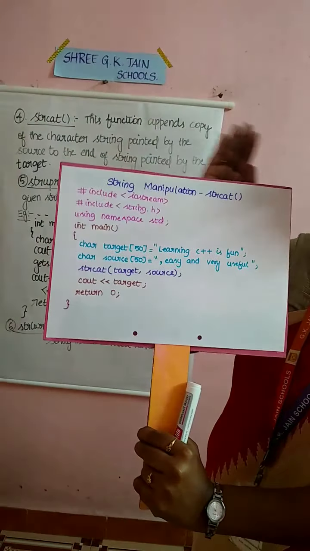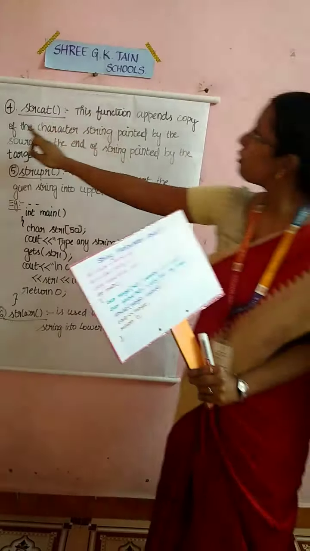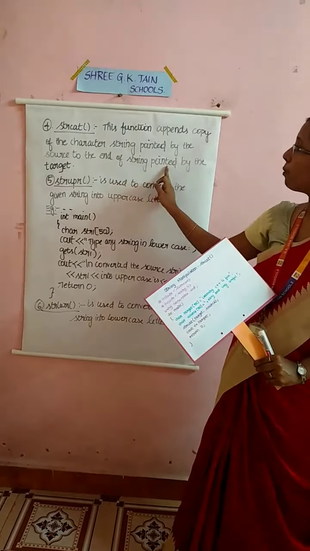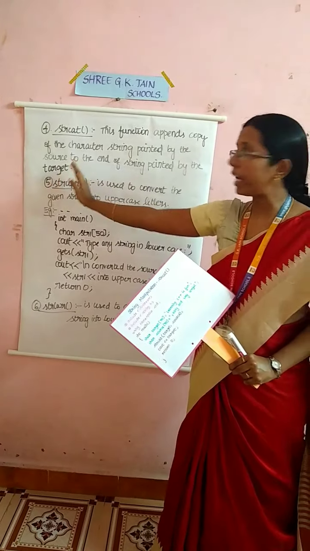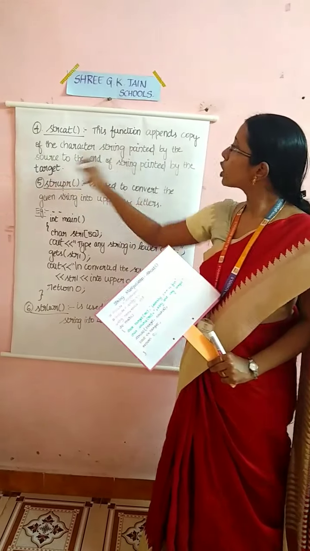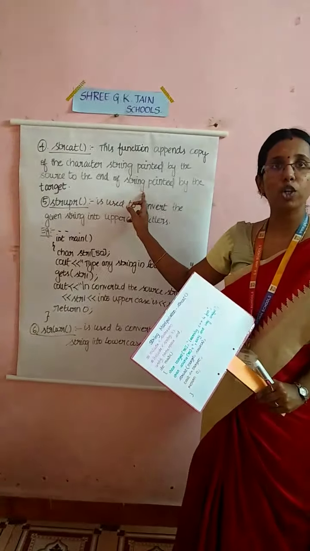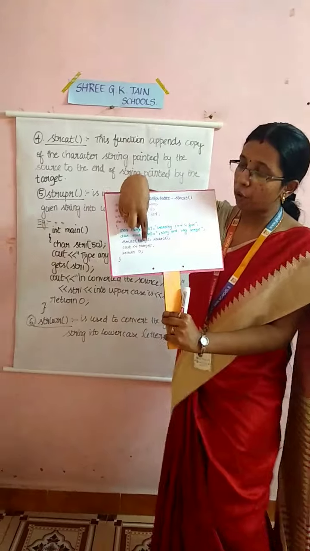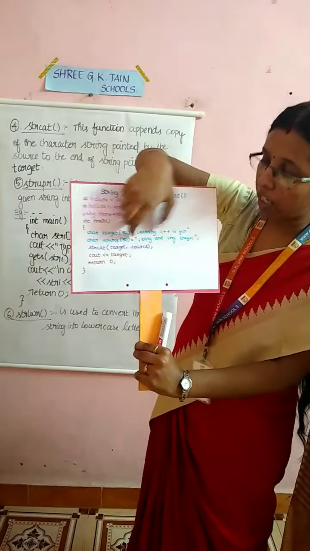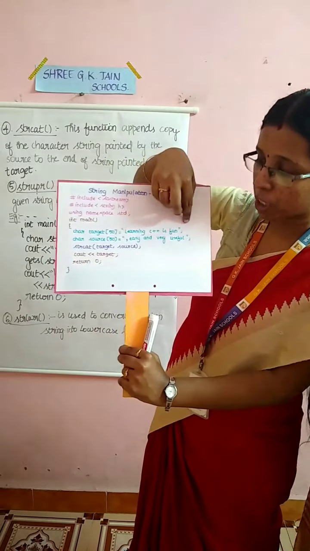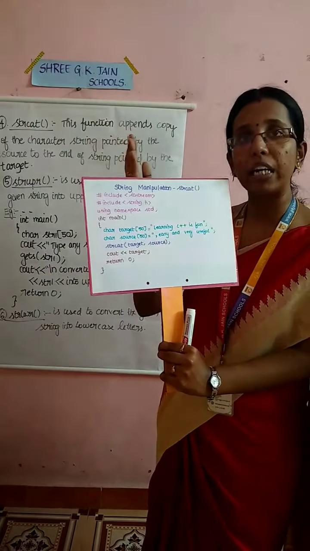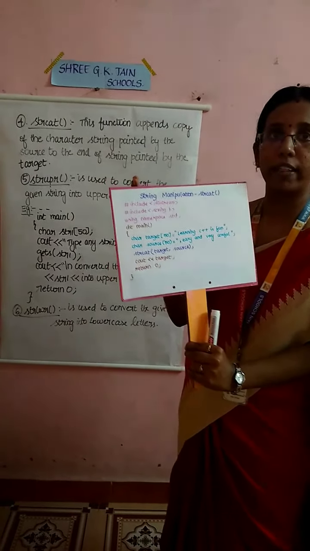So it will append a copy of the character string pointed to by the source to the end of the string pointed to by the target. So at the end of the target, you attach the source characters also, so that now if you display the target, you get the full statement. It is just appending your two strings together.